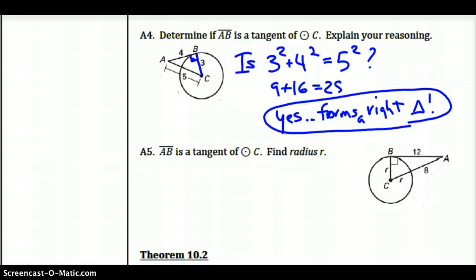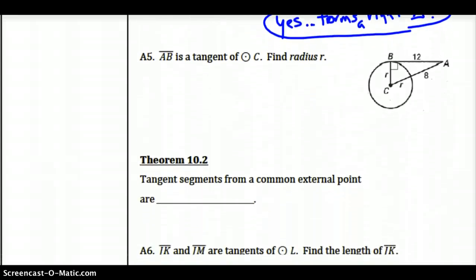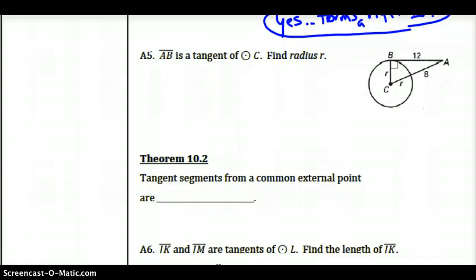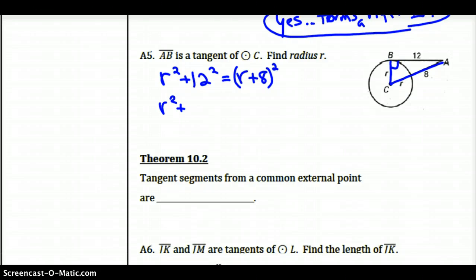Kind of an offshoot of this problem is this question: find the radius here. Well, we know that this is a tangent because of this and this being a radius. So now we can go ahead and still use the Pythagorean theorem. But we need to be careful here because the hypotenuse is this whole length, r plus 8. We must be careful in solving this algebraically for r, as we need to FOIL this binomial square. So again, that's really r plus 8 times r plus 8.